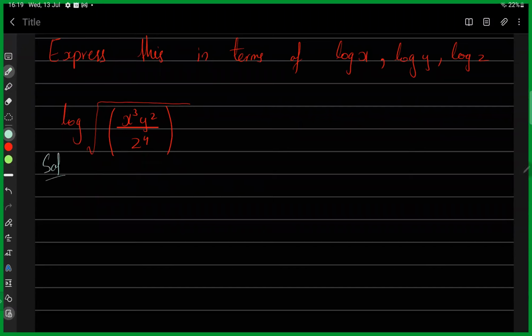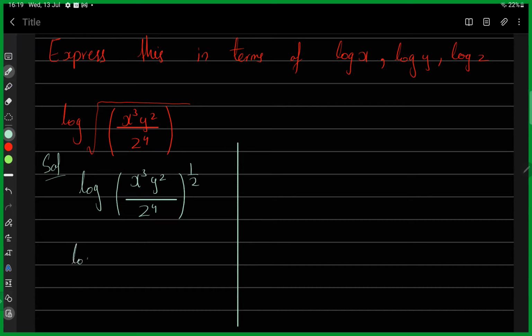First of all, I know that this square root is basically 1 by 2 as the power. So I can write it as log of x cubed y squared divided by z to the power 4, and instead of writing the square root, I'll write its power, that is 1 by 2. Then I'll just multiply 1 by 2 with all the powers.